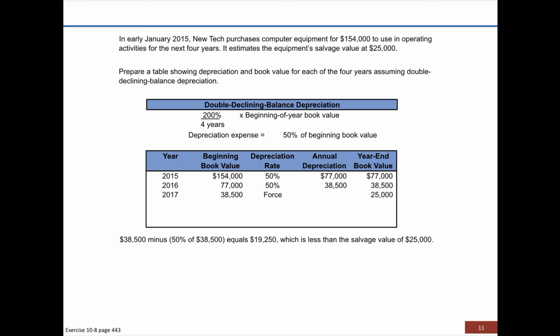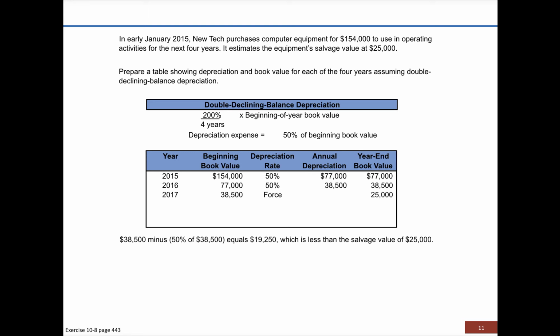Once you get to that rate, the rest is easy, because all you're doing each year is looking at the beginning book value and the rate. As long as whatever you figure as the annual depreciation wouldn't bring you down below the salvage value, then you go ahead and add it.